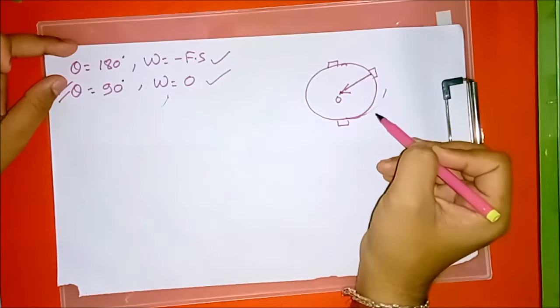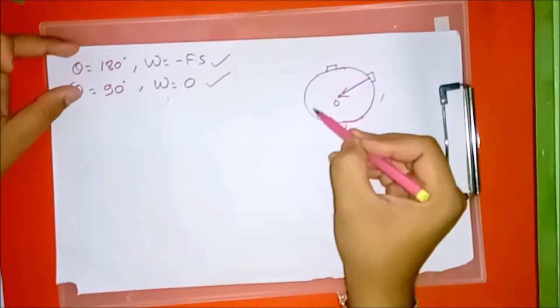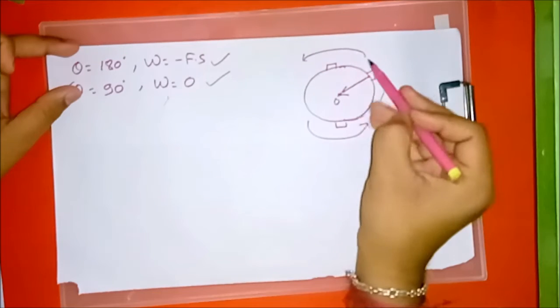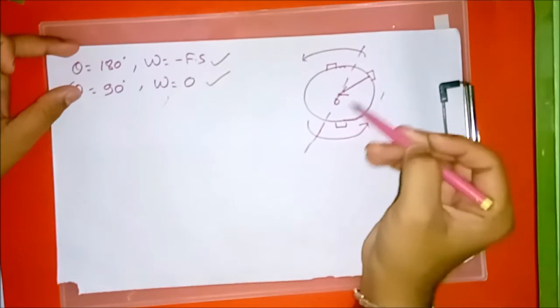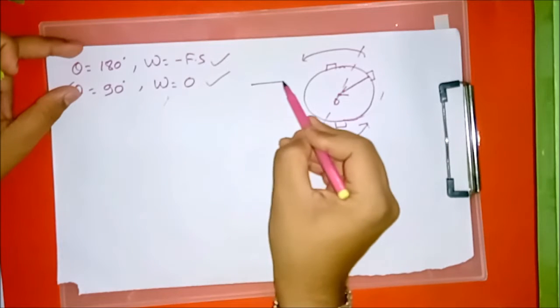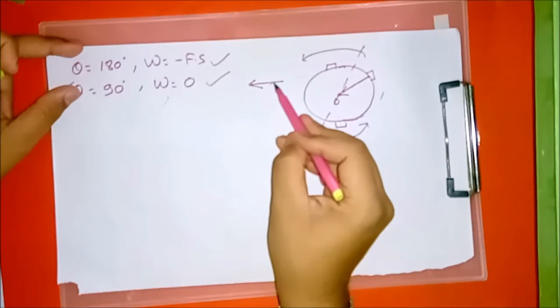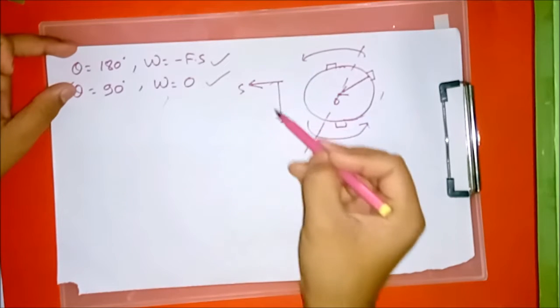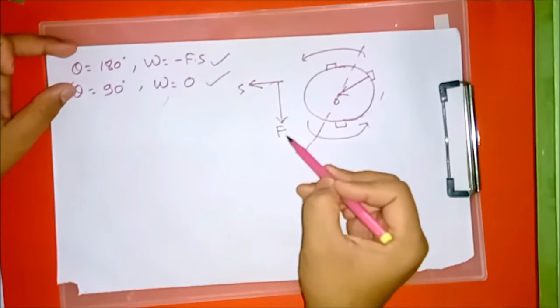Suppose this to be the center. Now the earth is rotating in this direction on the basis of its axis. So the force over here must be something like this. The displacement is in this direction and the force is towards the center.